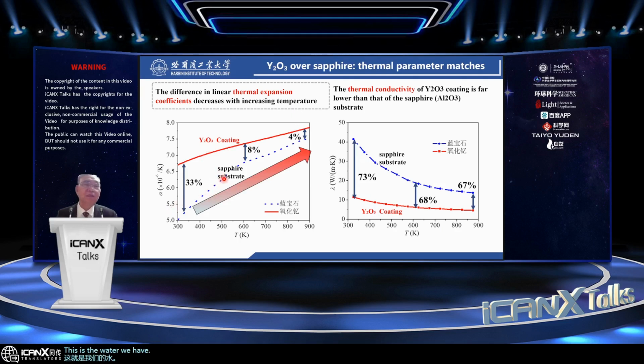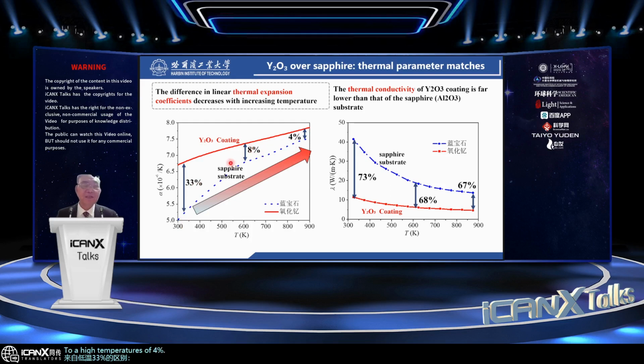Take a look at this thermal expansion coefficient, which is in the left figure. Sapphire substrate goes up like this with temperature. And luckily, the yttrium oxide coating also goes up with temperature. However, you see, the difference is reducing from 33% difference at low temperatures to 4% difference at high temperatures.